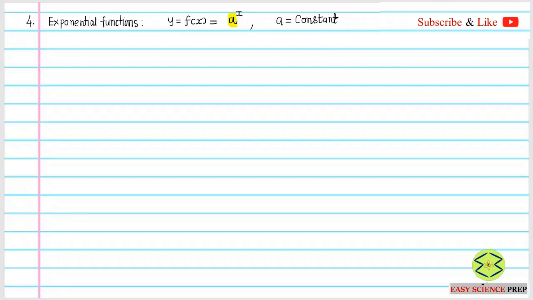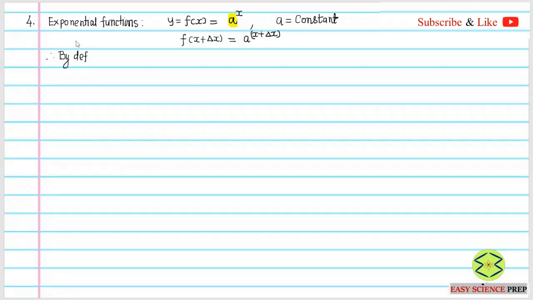So how to deal with such kind of function? Let us try to solve it following the same technique. Here, if y equal to f of x equal to a raised to x, therefore f of x plus delta x would be a raised to x plus delta x. We will simply substitute x by x plus delta x.